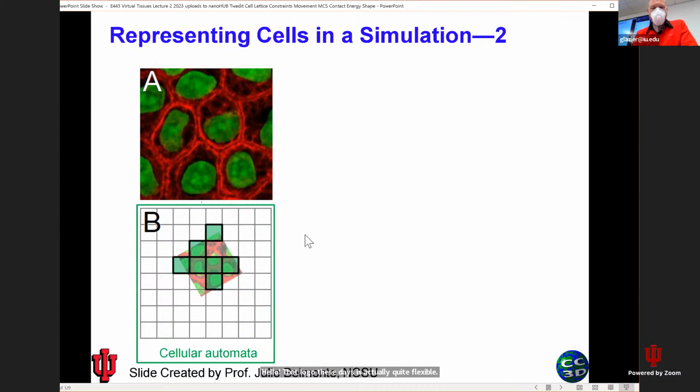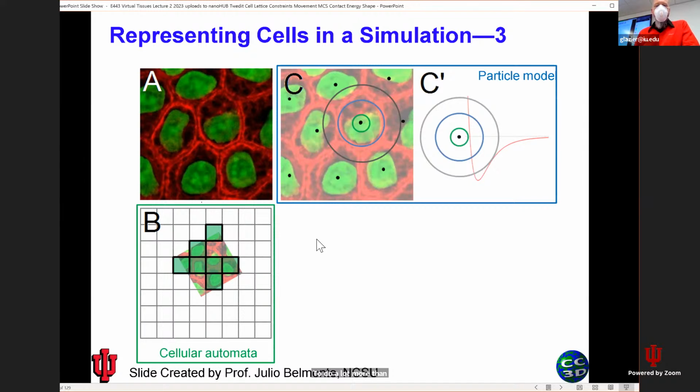Another way that we could represent cells would be what are called particle center models, where the cell is a point, and we represent its interactions with the outside world in the form of a potential. These are based on biochemical simulations we call molecular dynamic simulations. And there are a lot of packages that do this.